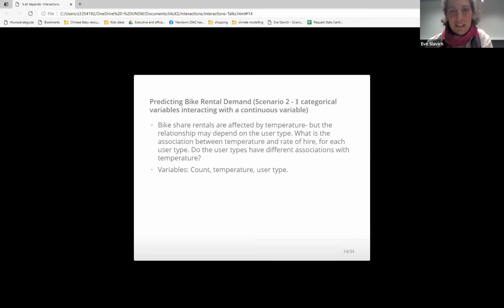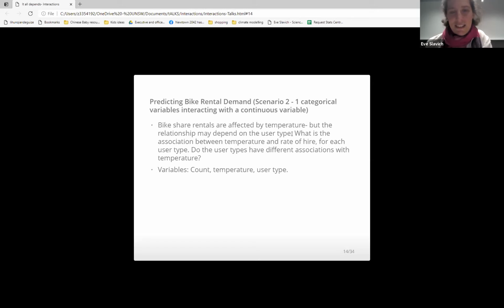And so looking at what an interaction between a categorical variable and a continuous variable looks like. So to talk through the data set, bike share rentals are affected by temperature. And this data set's from somewhere cold in America. I've forgotten the city.